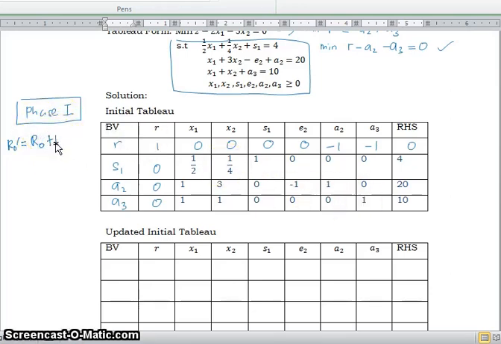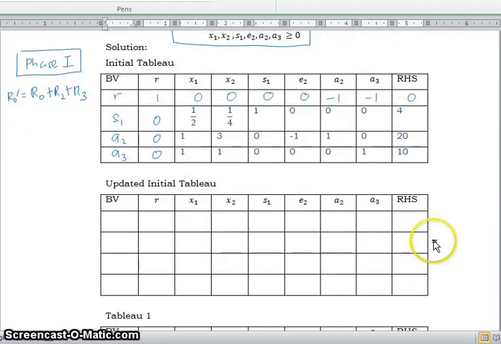So plus R2, because this is positive and the coefficient of A2 in row 0 is negative, so we need to multiply by +1 for row 2. And then we use row 3 because we want to eliminate A3 from row 0. So plus row 3.